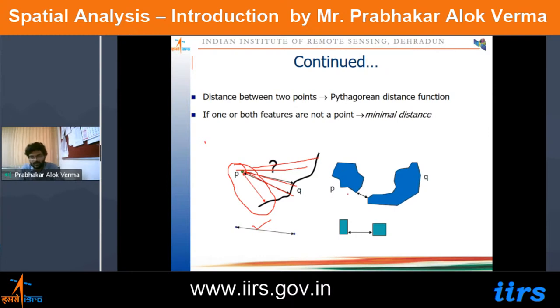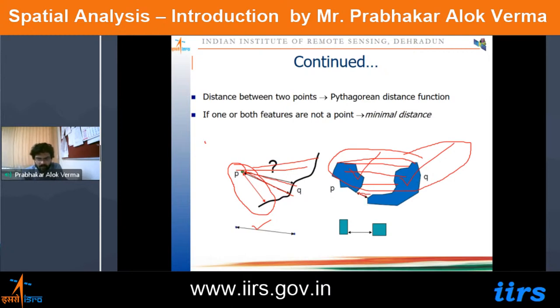If distance has to be calculated between 2 polygons, in that case also one distance, this kind of distance between the centroids, this distance. There are many ways to find out distances between 2 polygons, but fundamentally it is inbuilt in the software.